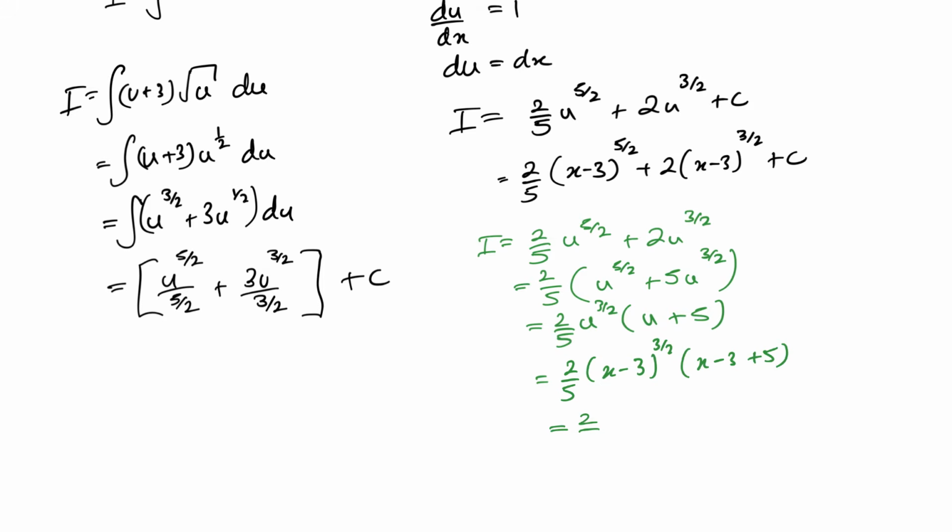So now we can see we've got 2/5 times x plus 2, times x minus 3 to the 3/2. And then of course bring my plus c down here, plus c. And this is a far nicer way to leave my answer, far simpler.